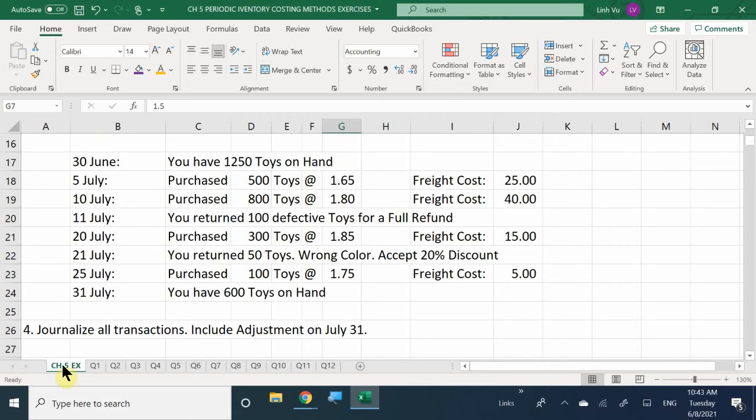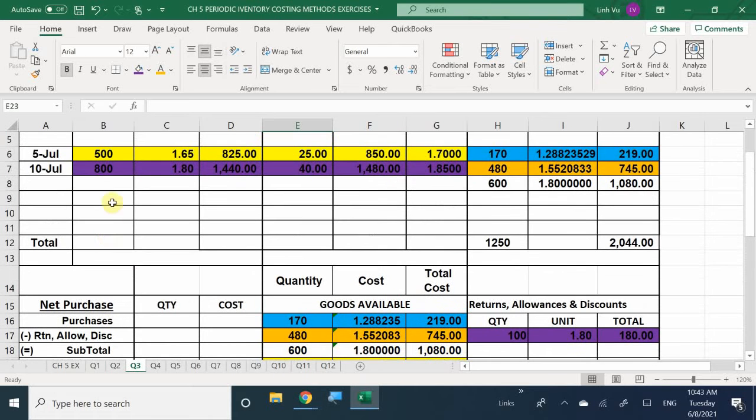Purchased 300 toys at 185 and a freight cost of 15. So we made a purchase of 300 units at $1.85 with the freight costing you 15. And this was on July 20th.